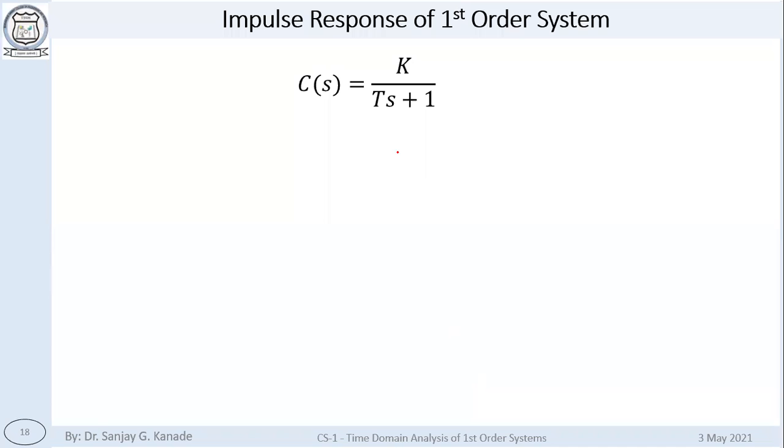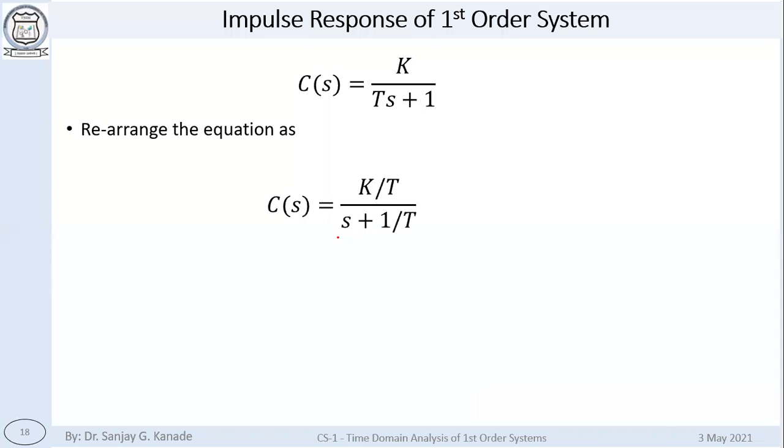So how do we do that? We take the inverse Laplace transform of this. Before that, we have to rearrange the terms in the form of S plus 1 by T. Why do we need to do this? Because we have to take care of the inverse Laplace transform.